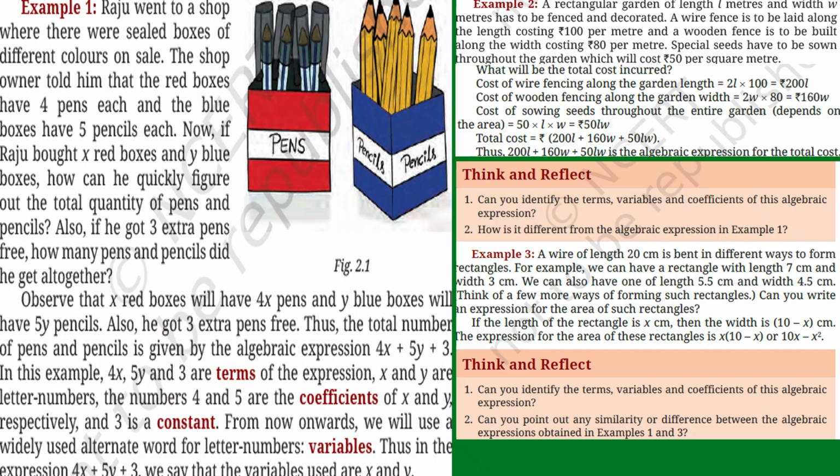Can you find out the similarity or difference between the algebraic expressions obtained in 1 and 3? The difference could be, example 3 is a polynomial of degree 2. What is a degree?